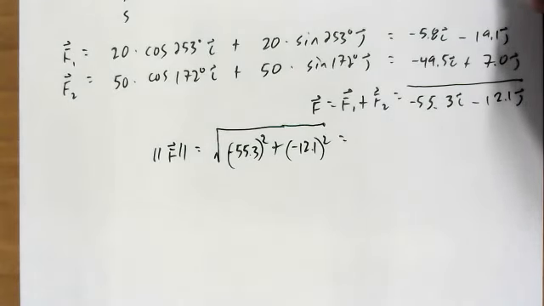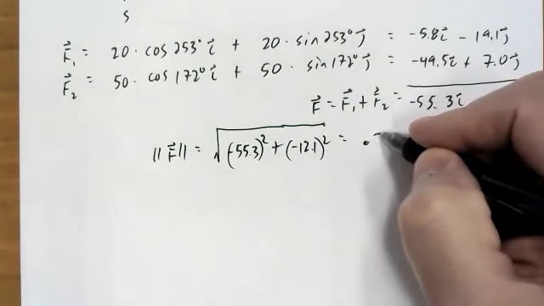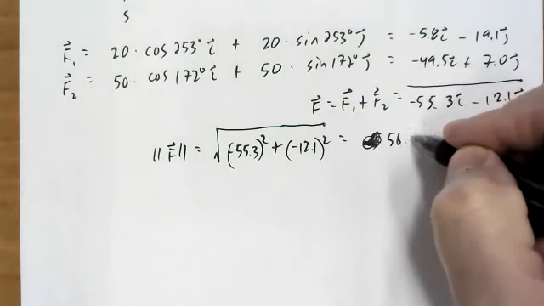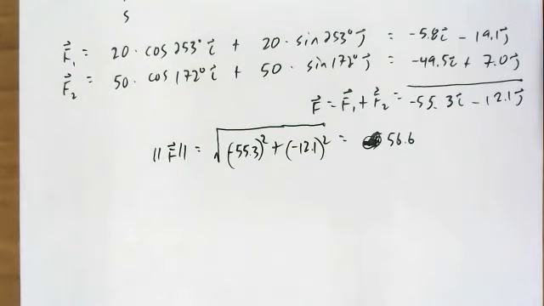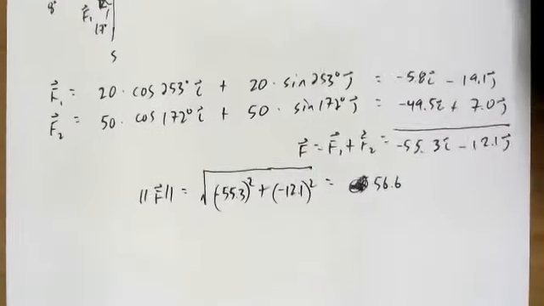So 55.3 squared plus 12.1 squared, square root, equals 56.6. Seems reasonable. This is like 56 long.